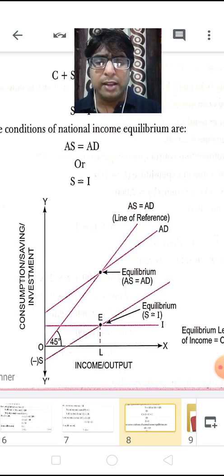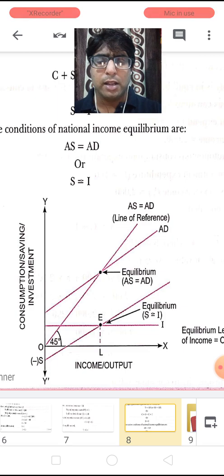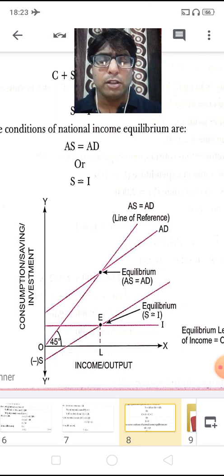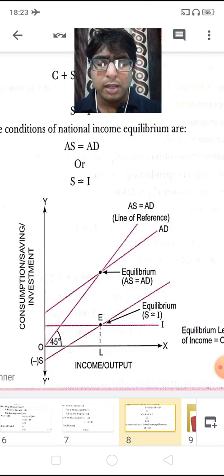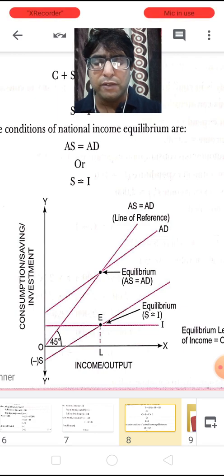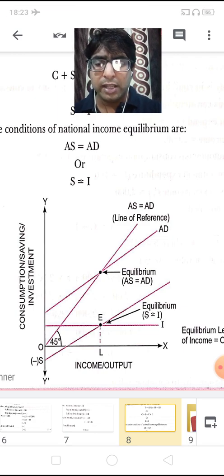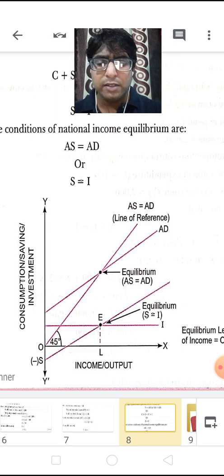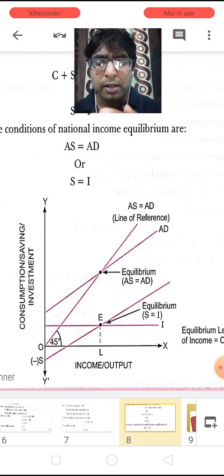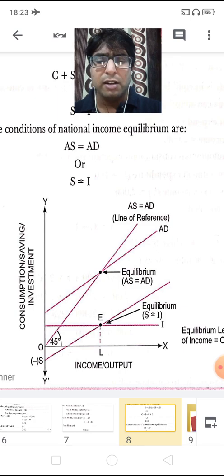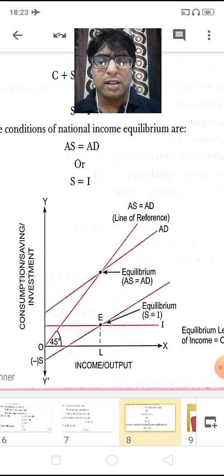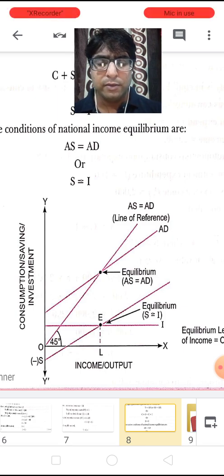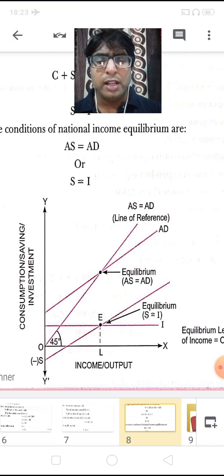So this AS line goes up, starting from zero, the point of origin, whereas the aggregate demand curve starts with a value of consumption plus investment. So here the aggregate demand curve starts from a little uppermost side of the y-axis and goes up, and both these curves intersect at a point known as the equilibrium point, and at this point, children, AD equals AS.